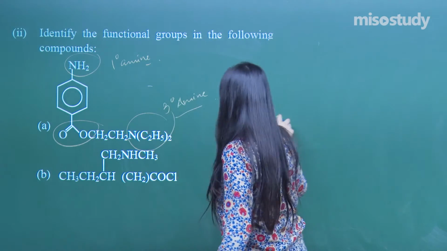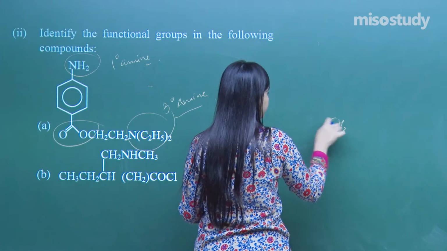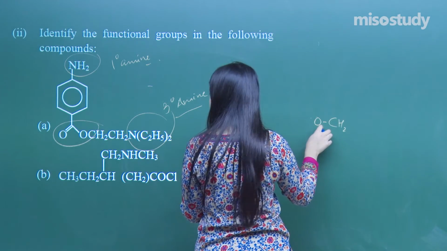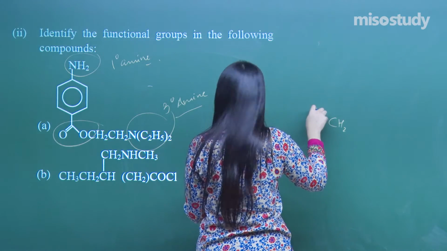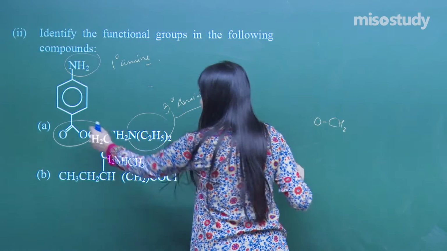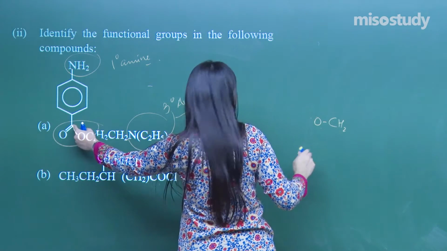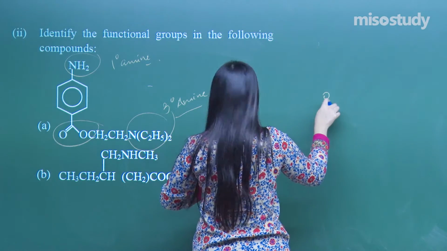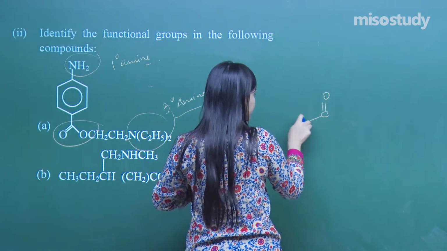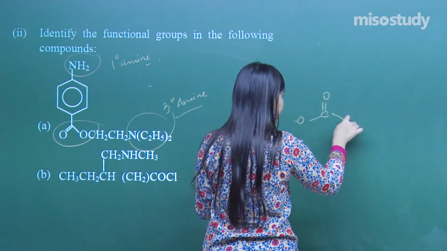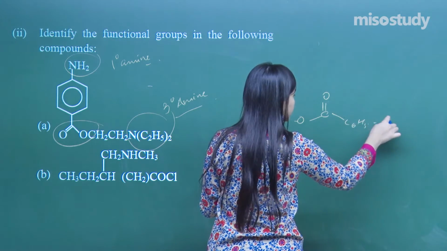This one, see here, O, and there is one more carbon over here, right? So just try to consider this particular carbon. It's a carbon which is doubly bonded, and this carbon is attached from one side with O, from the other side with the phenyl ring, C6H5 and so on.